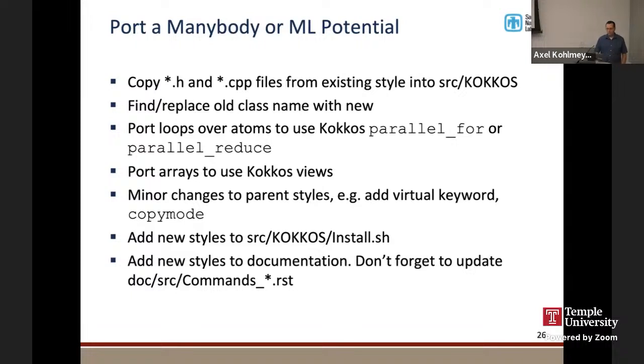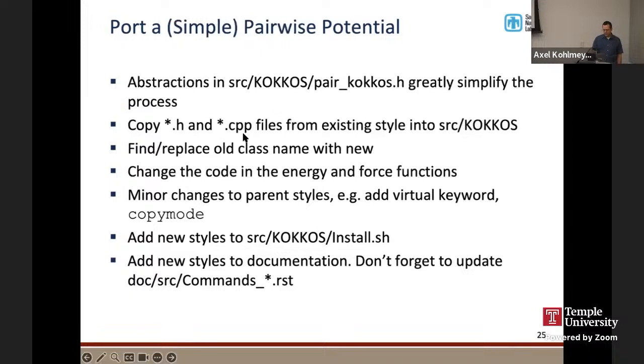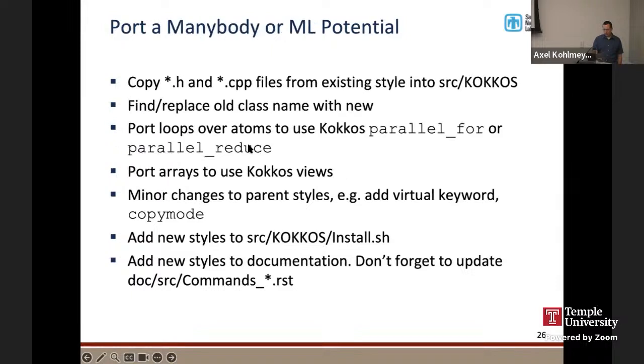If you want to port a miniapp or a machine learning potential or something that doesn't fit into this simple pairwise potential abstraction, then it's a little bit more complex. So again, start from an existing file, find and replace, but then you're going to have to port loops over atoms to use Kokkos parallel_for and parallel_reduce. If you have a simple pairwise potential, this abstraction takes care of all of that. With the miniapp potential, you'll have to do it yourself.